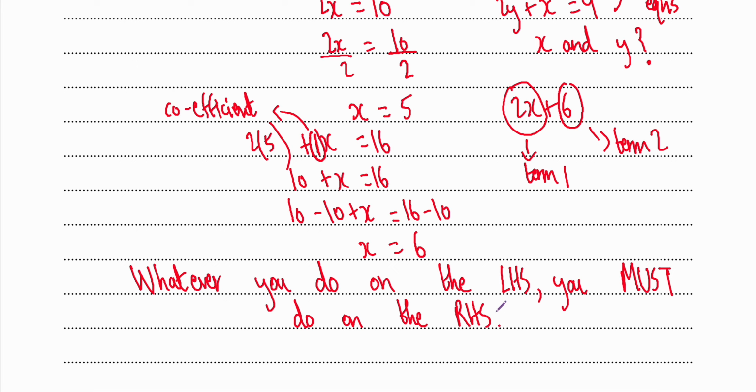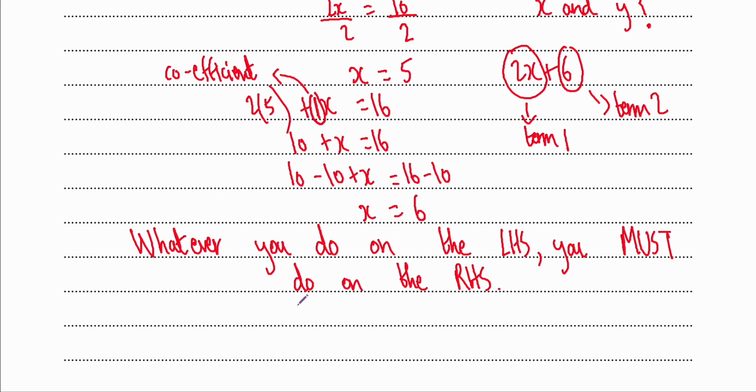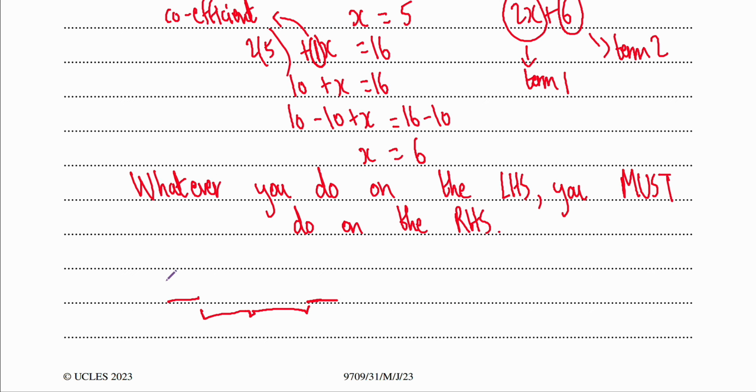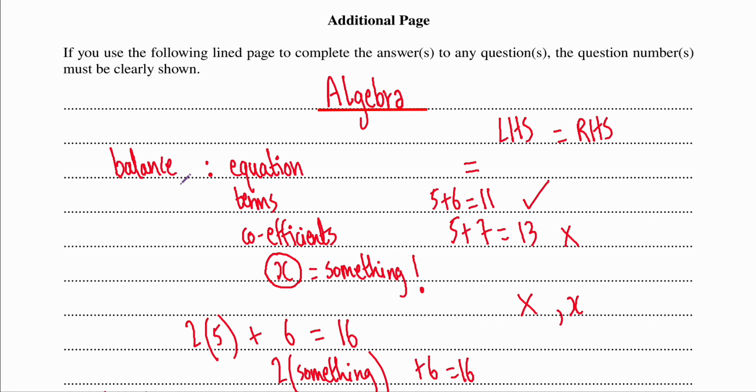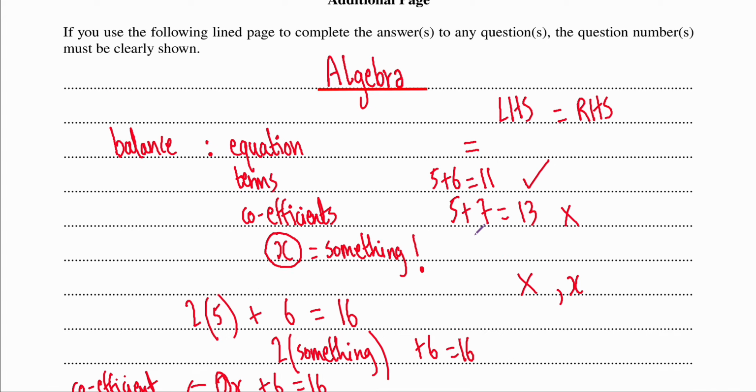You're trying to balance the equation. Let's say I put 5 kgs over here, then I must put 5 kgs over here as well. Let's say that we had a scale right here. If I put 5 kgs here, I have to put 5 kgs here as well because I want it to be balanced. And that's algebra, remember? Algebra just means balancing equations.